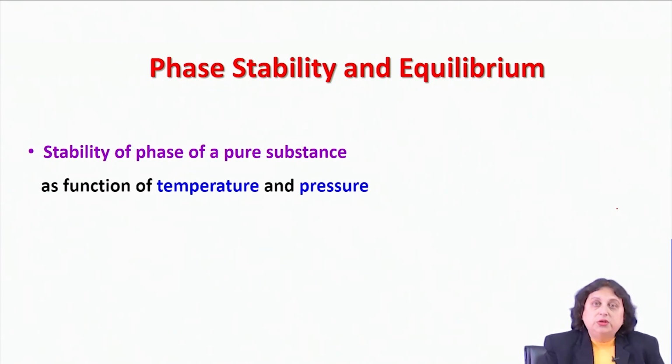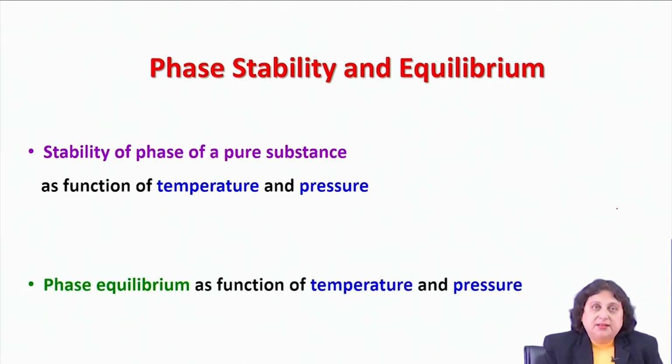So if I now use the formalism of thermodynamics that I have already developed, then can I connect the stability of phases of a pure substance to the concept, for instance, of the chemical potential?